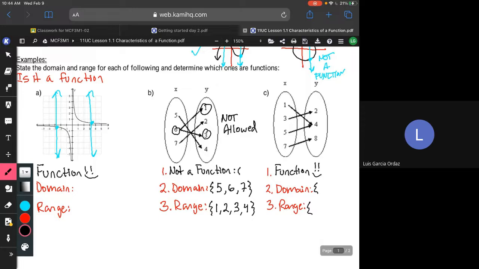So can someone tell me for C what my domain is, Emma? The domain for C is going to be 1, 3, 5, 7. And what's my range, Ashton?